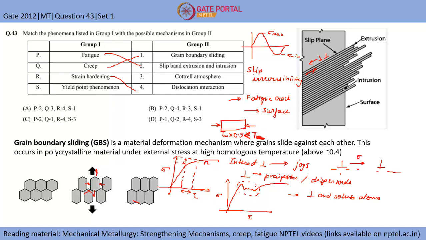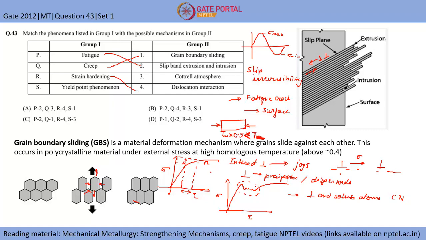As you know, in mild steel there are very few carbon and nitrogen atoms. These carbon and nitrogen atoms segregate near the dislocation. So now this dislocation is pinned by carbon and nitrogen atoms, and we will require additional stress to make this dislocation free from the carbon and nitrogen atmosphere.